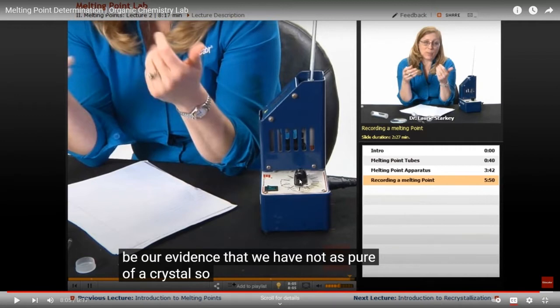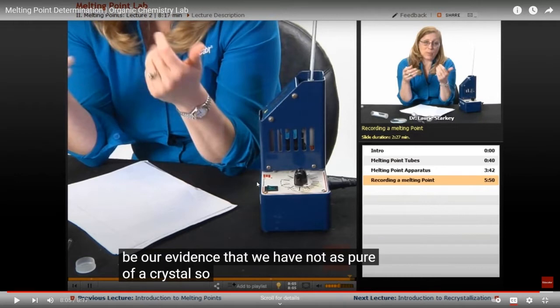So melting point alone is never a good way of really confirming the identity, the name of a compound. It never is. You should rely on spectroscopy and other more sophisticated tools. But like I said, it can be a quick test for known samples, especially when you use the mixed method.